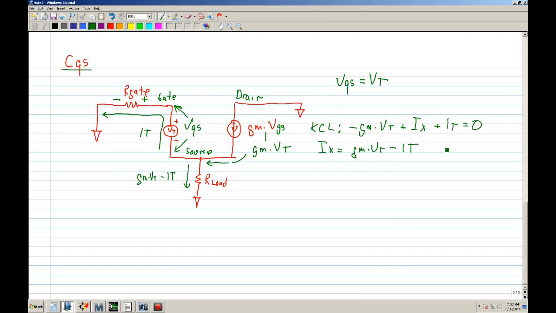Okay, so I have these two equations. So let's go ahead and define VT. And you can define VT as, and instead of writing V gate, I'm going to put VG. That would be VG right here.